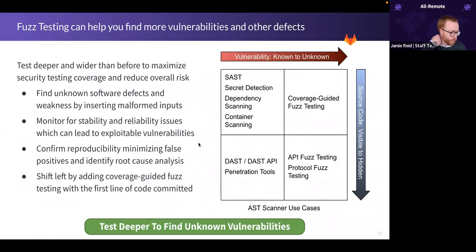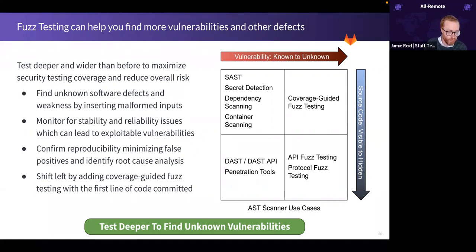Next, let's talk about fuzz testing. So beyond DAST, the ability to detect unexpected behaviors as a part of unexpected inputs of a runtime application, fuzz testing can help you detect unexpected defects and weaknesses by inserting malformed inputs into your application.